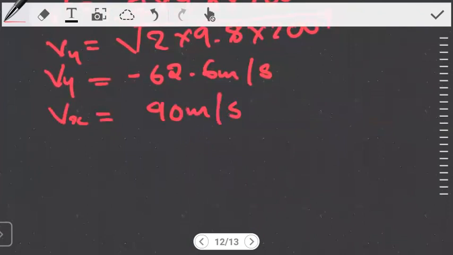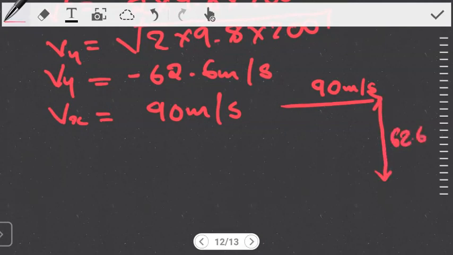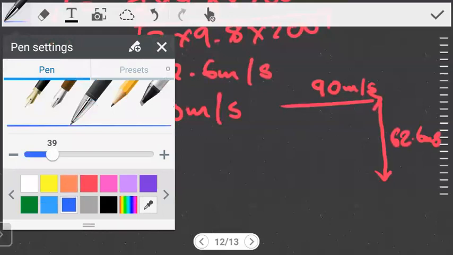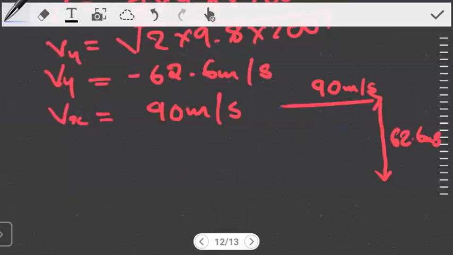So to combine these two now to get the final velocity, or the speed it actually hits the ground with, first we see that in the x-axis we have this positive 90 meters per second. But in the y-axis we have this downward velocity, which is 62.6 meters per second. So the final velocity that they're actually looking for is going to be this one here.